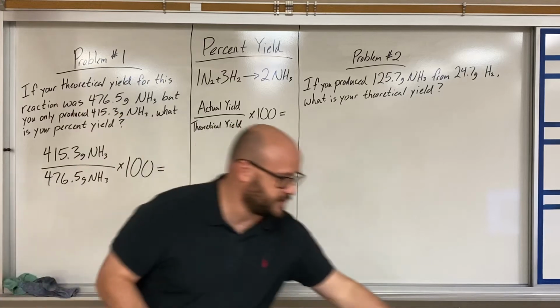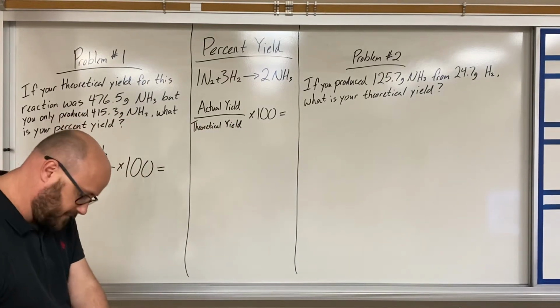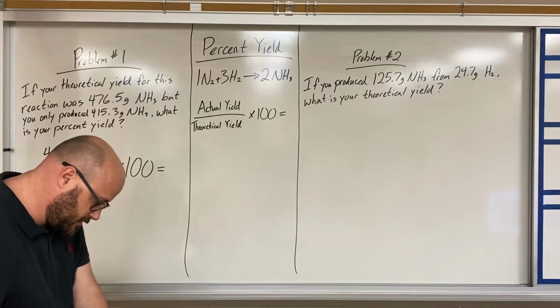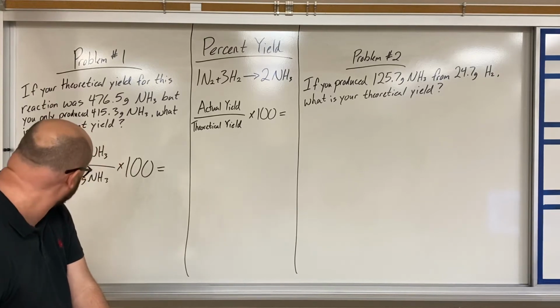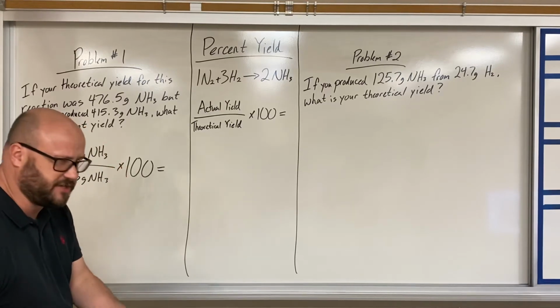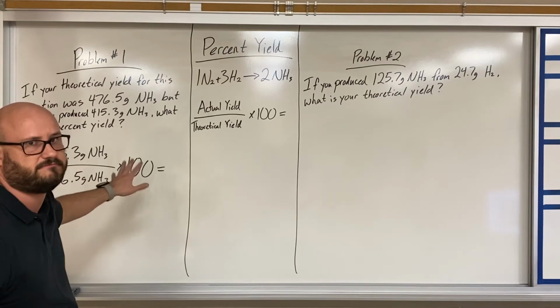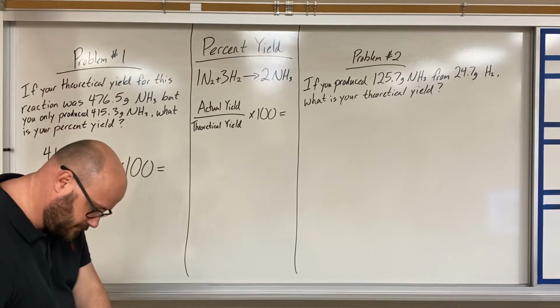So take your trusty calculator. 415.3 divided by 476.5. And I suggest doing this in 2 steps, because when you try to put too much in the calculator, bad things can happen.